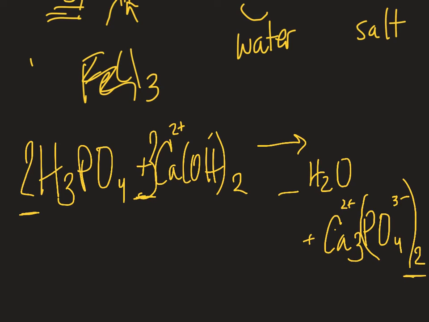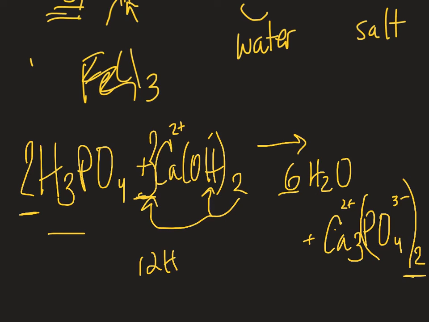So I need something in front of my water too, because when I look at this, I have 6 hydrogens on the left only from here, the phosphoric acid, and I have 2 hydrogens times 3, which is 6, and so 6 plus 6 is 12 hydrogens on the left. I must have made 6 waters. 6 times 2 hydrogens is 12.